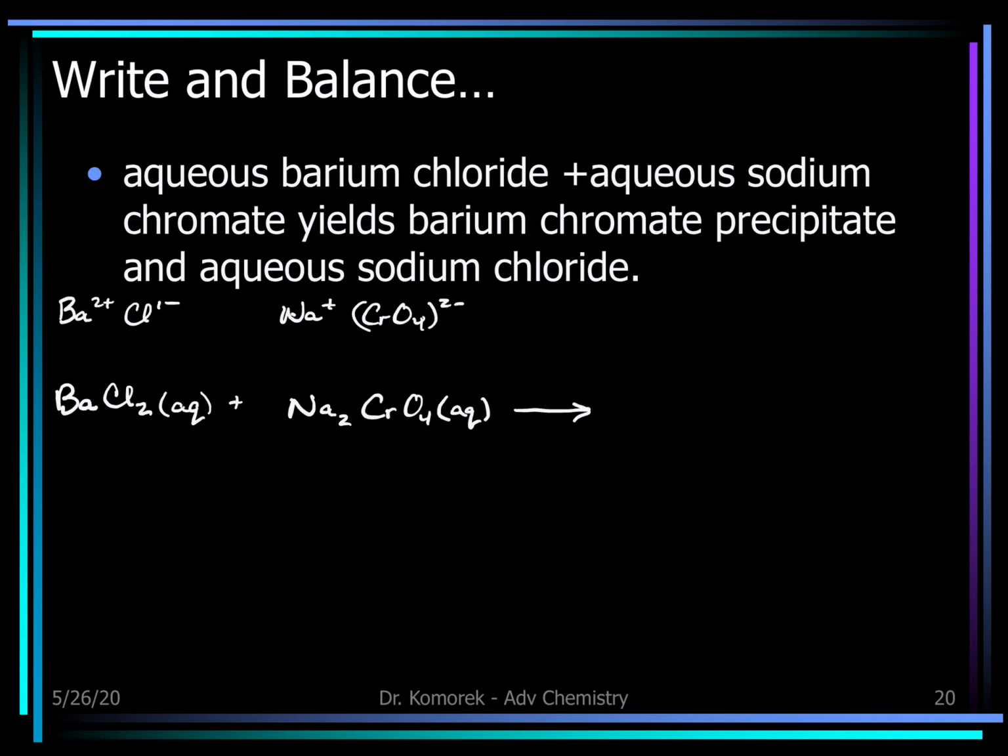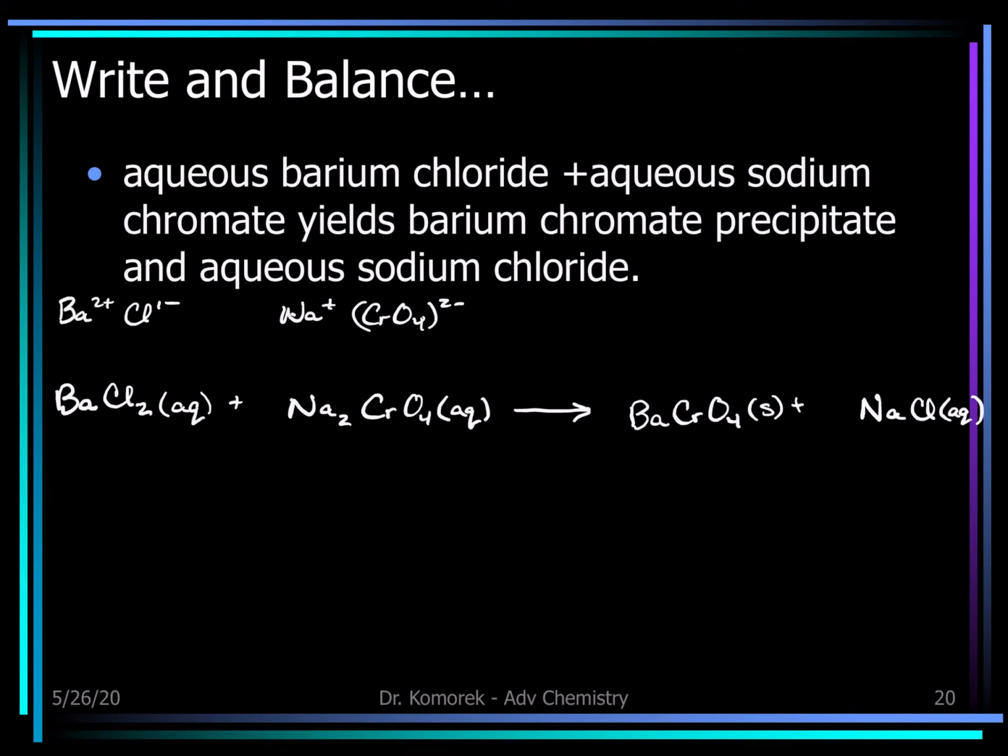Barium chromate precipitate, so that's a solid. And barium is 2+ and chromate's 2-, so that's BaCrO4 solid plus sodium chloride. Sodium chloride is NaCl. Sodium's 1 plus, chlorine's 1 minus, and it says aqueous, so I'll put an AQ after it.